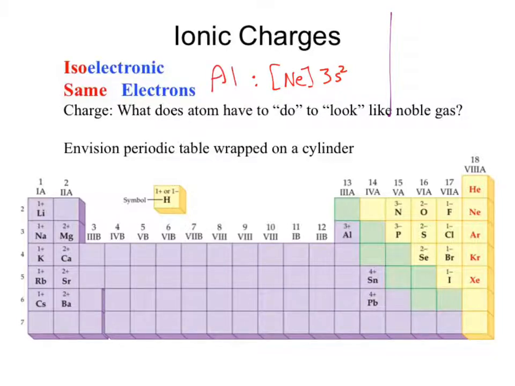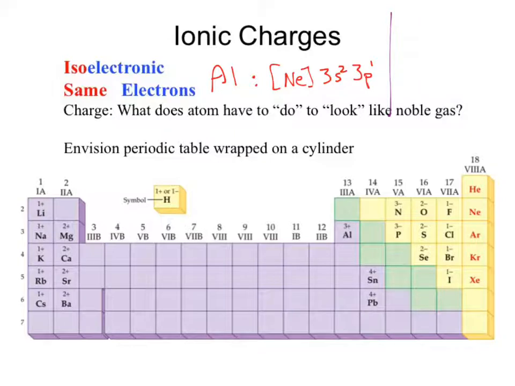Okay? As we continue to move through our periodic table, let's jump to aluminum. Electron configuration for aluminum. We can look at the noble gas in the row above it, neon. Now we'll drop to our third energy level, 3s2, 3p1. Alright, so there's our electron configuration.